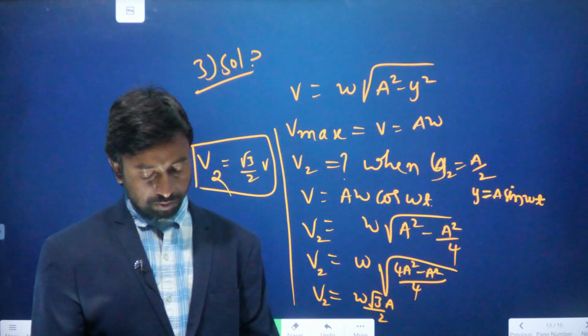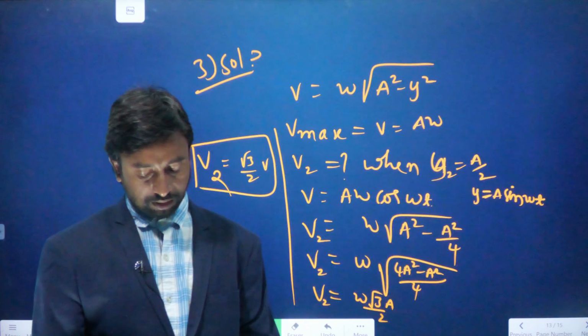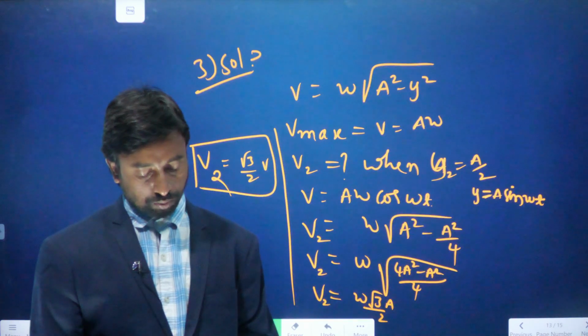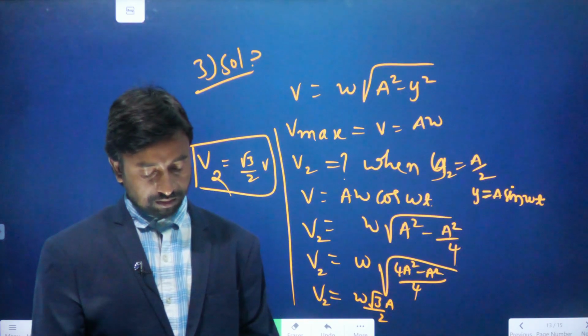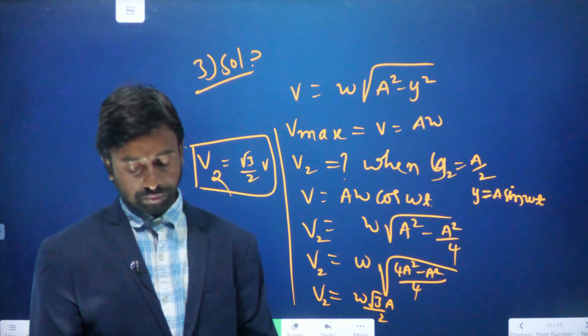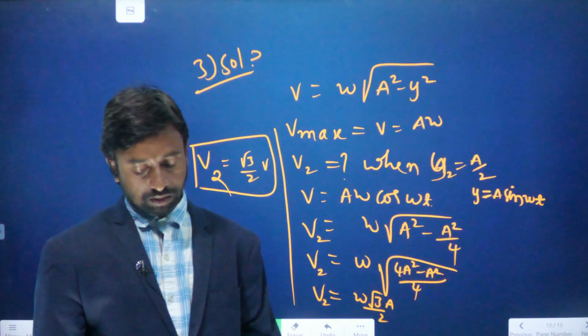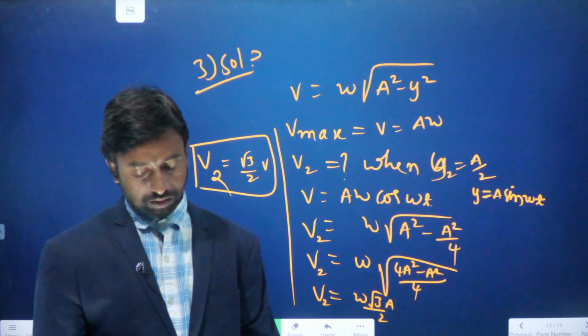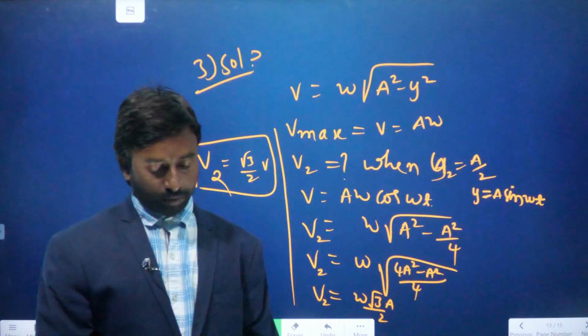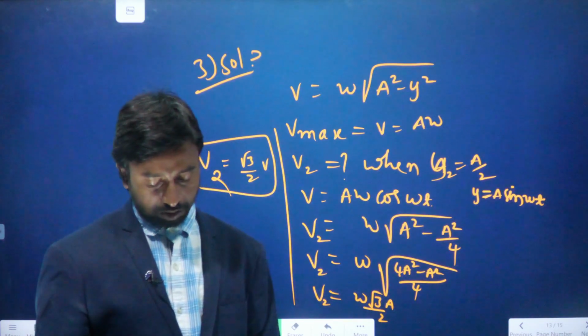So the fifth one: the displacement of an oscillating particle is 0.05 meters. If its time period is 1.57 seconds, find the velocity at the mean position and the acceleration at the extreme position. So the maximum displacement is given there.